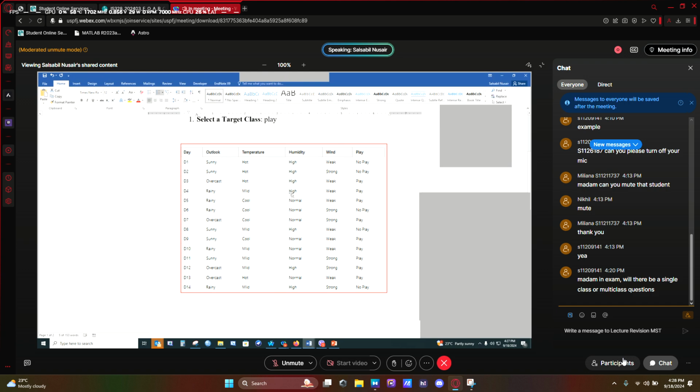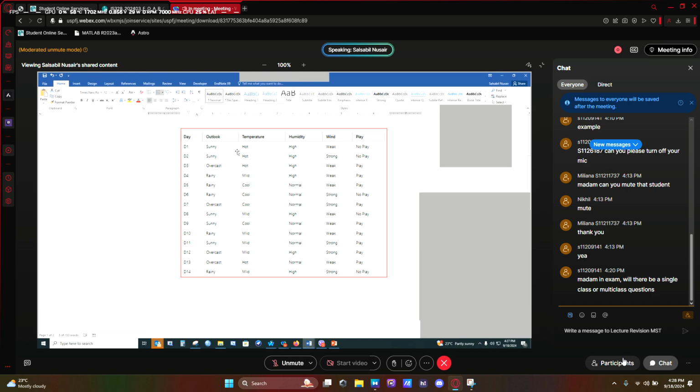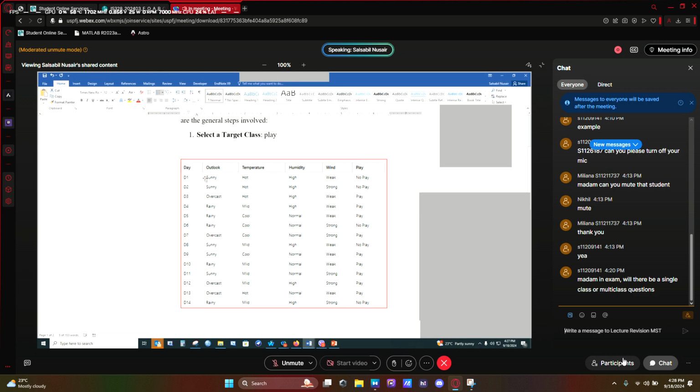And what's the objective behind all that? The objective is, let's just focus on Outlook. For Outlook, if my target class is only play, and I am calculating the probability of sunny being play, is sunny being play probability higher than sunny being not play?